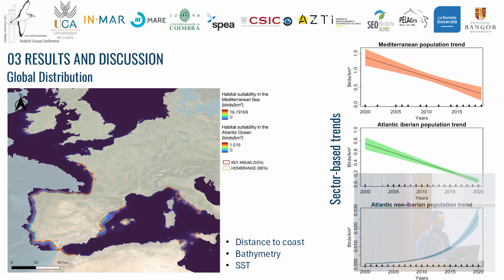The most important key areas in the Mediterranean are in the east of Spain, along the Catalonian and Valencian coast, around the Balearic Islands, and in the Atlantic, the Gulf of Cadiz and also the south of Portugal.